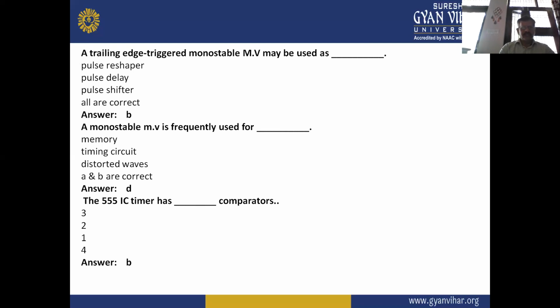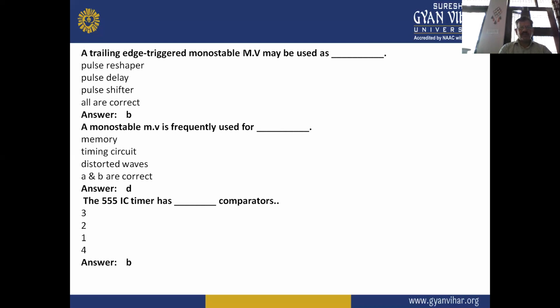In the next question, a trailing edge trigger monostable multivibrator may be used as pulse reshaper, pulse delay, pulse shifter, all are correct. So the correct answer is pulse delay.